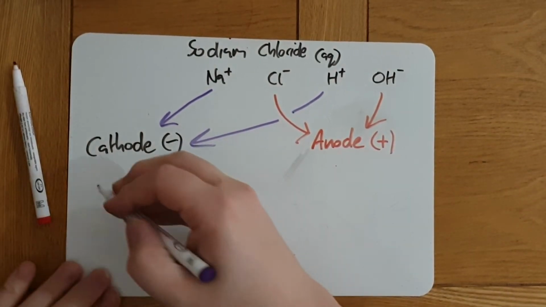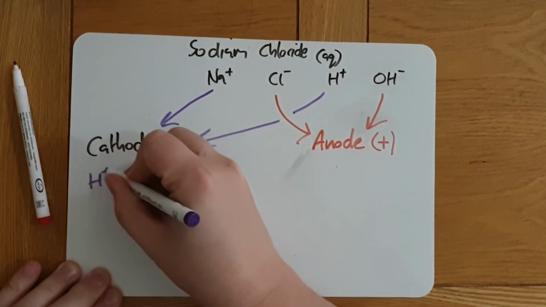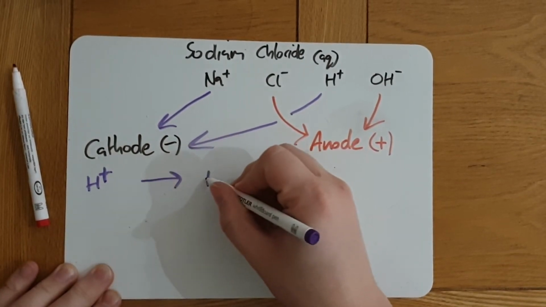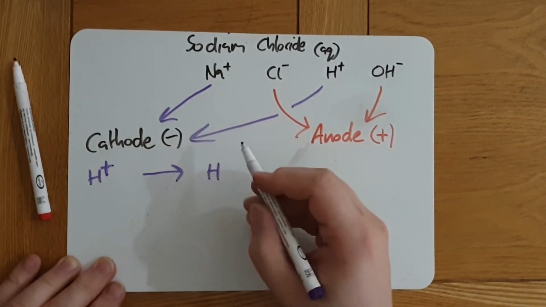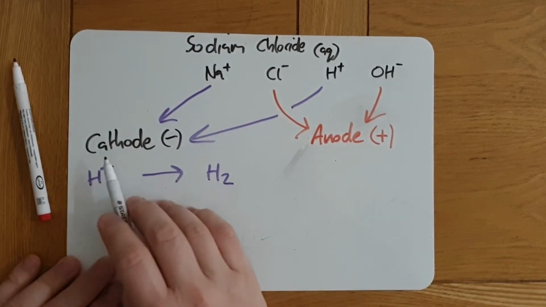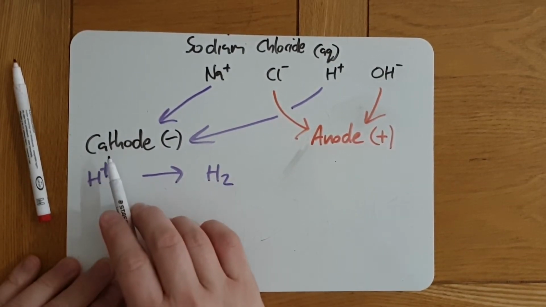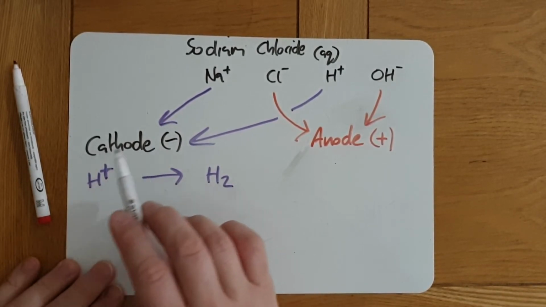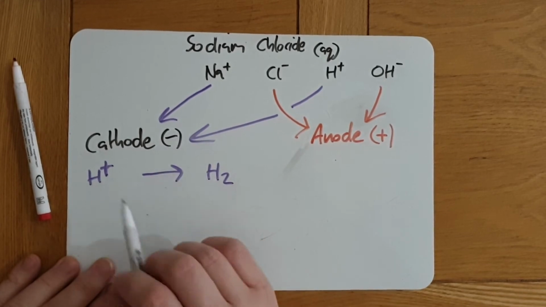So we're going to have H plus, and we know we're going to turn it into hydrogen, which is H2. Remember, cathode is reduction, reduction is gain. It's going to gain electrons.